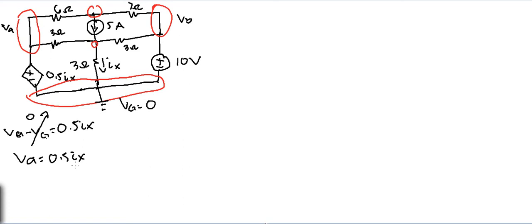Parehas din dito sa VB natin that VB minus VG is equal to 10. Since this is 0, we have VB natin is simply equal to 10 volts. Ngayon, it doesn't need for us to look for value of VA at saka VB natin kasi nga may value na tayong 10 volts. But for VA natin is we have Ix, which is a dependent source.